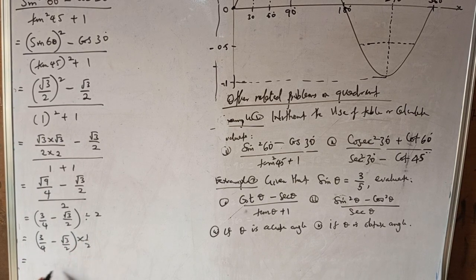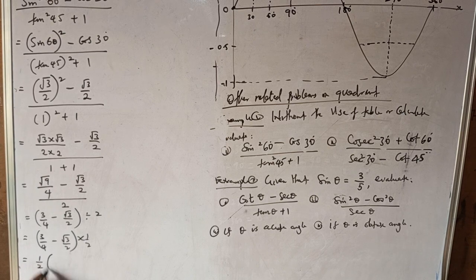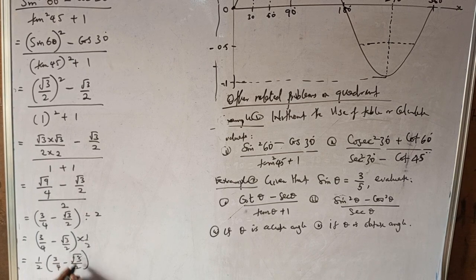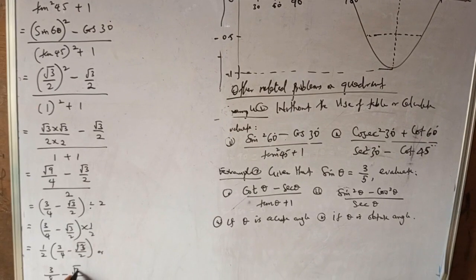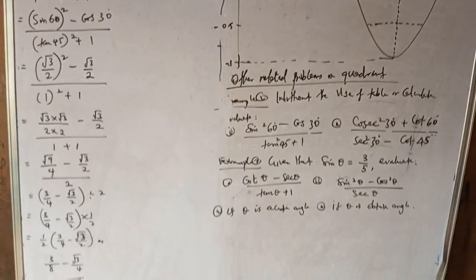And finally, I'm going to multiply 1 over 2 into 3 over 4 minus root 3 over 2, and leave it like this, or 3 over 2 times 4, 8, minus root 3 over 2 times 2, 4. That's the solution for the first one.